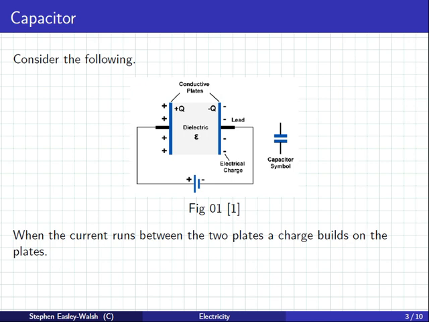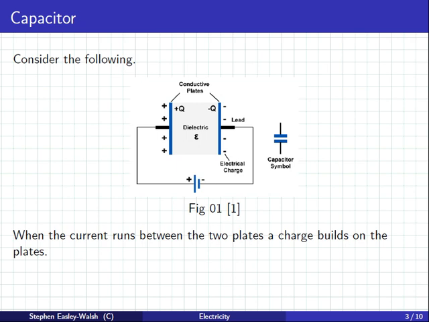And something interesting happens here. If you turn this battery on, this plate will become positively charged, and this plate will become negatively charged. And if you remove this battery, if you take it out, then a current will start to flow, but only for a short time.